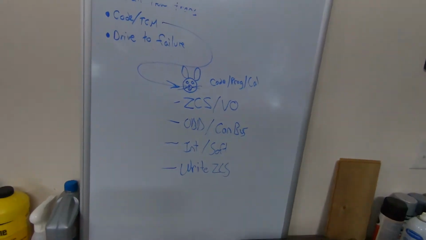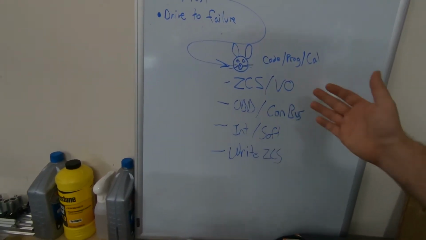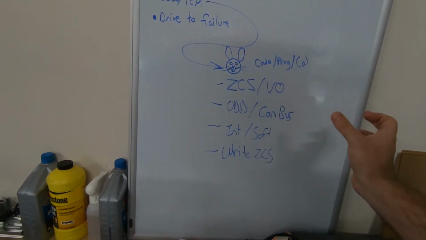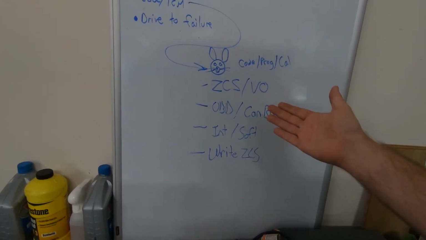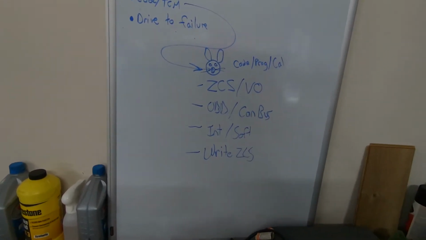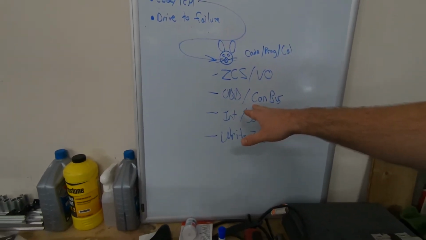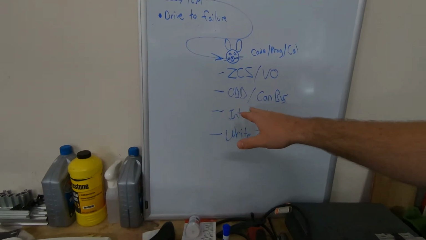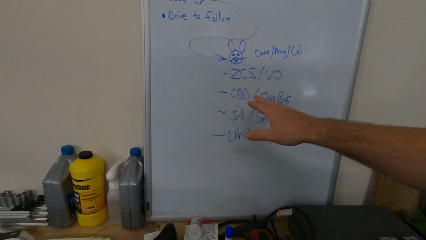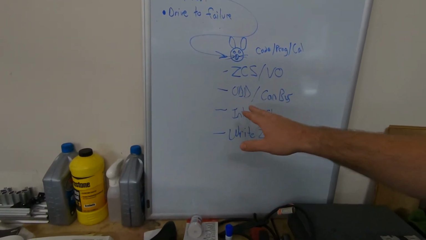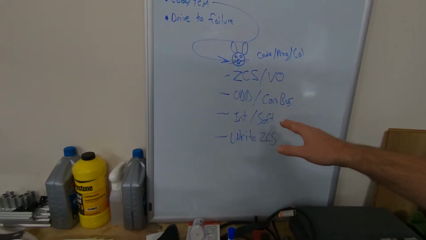Some vehicles around the same era also had a VO, which is a vehicle order. Essentially the same thing, but it uses a larger string of characters, allowing more options to be controlled, yes or no. Next, these vehicles, the mid-90s, were built in an era where OBD emissions control was in a bit of an infant stage, and there was more complexity beginning to come about.